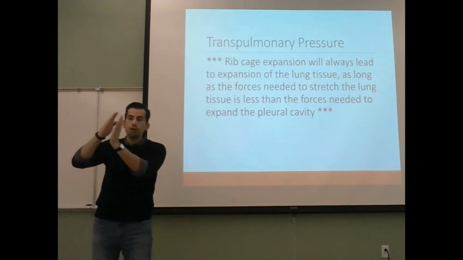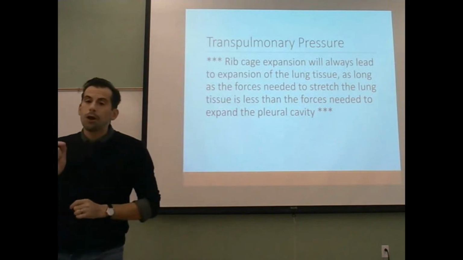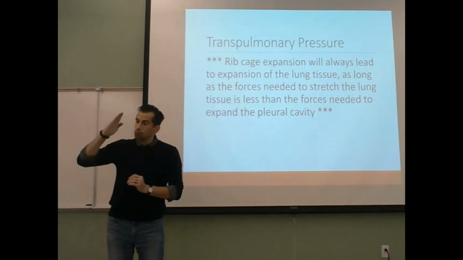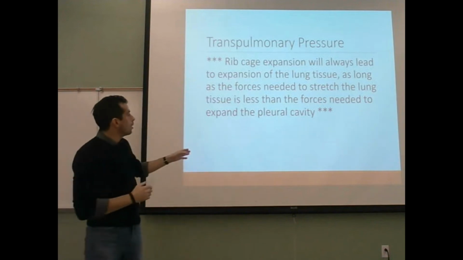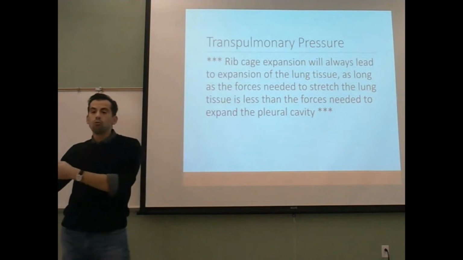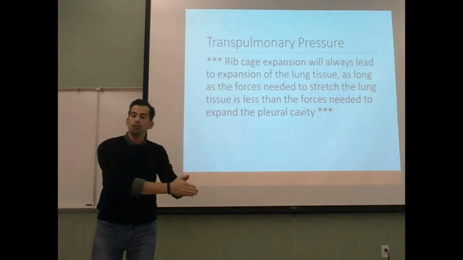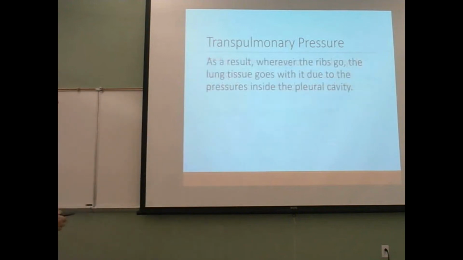So as you expand and contract the rib cage, the distance between those two membranes in the pleural cavity stays the same. And as a result, the ribs move out and the lung tissue moves with it. So now we can start to talk about not just rib cage volume increases, but lung tissue volume increases. That's what connects the dots.